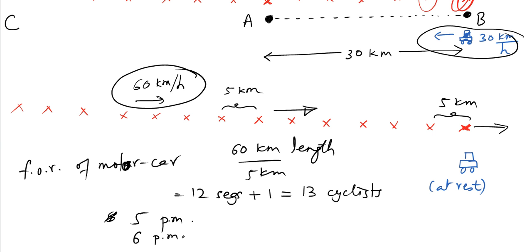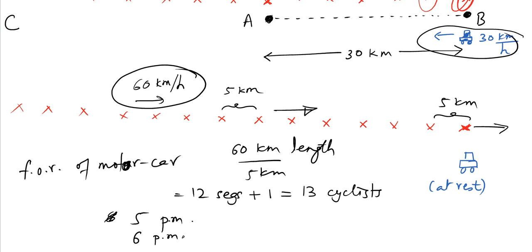So let's ignore the first cyclist and the last cyclist, because when the first cyclist passes the motor car driver, town B is with the motor car.